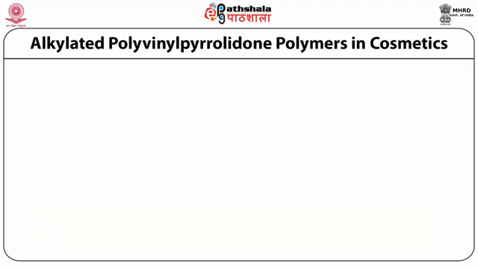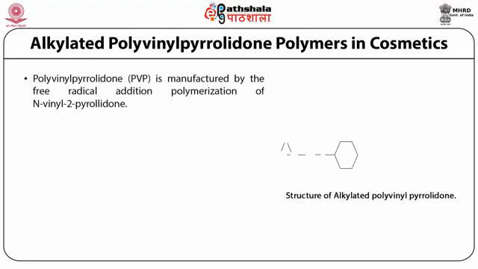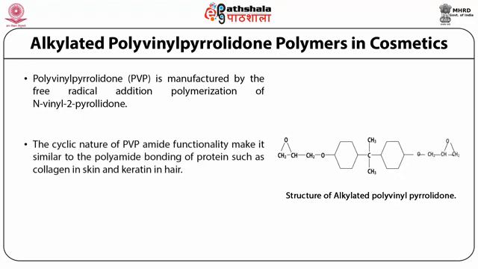Now coming to alkylated polyvinyl pyrrolidone polymers in cosmetics. These are manufactured by free radical addition polymerization, as we have seen already, and they find usage in various classes of cosmetic products. The structure of alkylated polyvinyl pyrrolidone is shown, and the cyclic nature of the PVP amide functionality makes it similar to the polyamide bonding of proteins such as collagen in skin and keratin in hair.